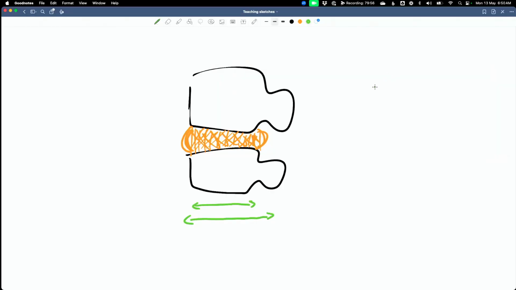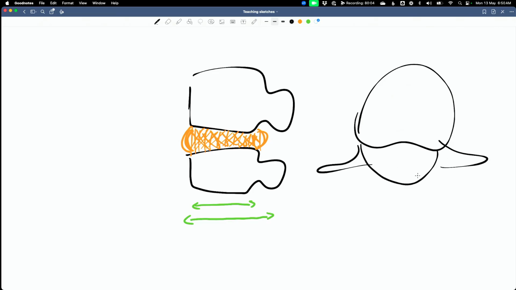And so there are different types of disc bulge. There's a lesson on this, so I don't want to spend more than a few seconds on it. If you look at the top view, here's the neural canal, transverse processes, spinous process. There might be a circumferential bulge where it bulges out all the way around.